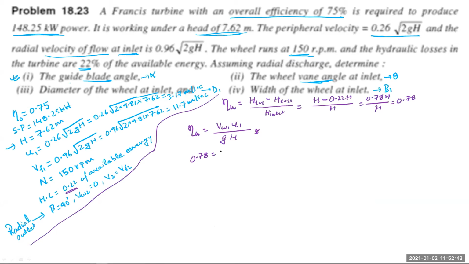That you have to calculate. It will be as it is. What is U1? U1 we have calculated 3.17 divided by G is your 9.81 and H is your 7.62. So from here you can solve and tell me what you are getting for your Vw1. 18.39 meter per second, sir. 18.39 meter per second. So you have obtained the value of Vw1.